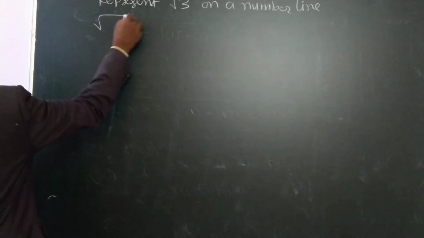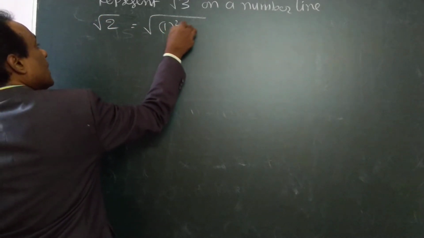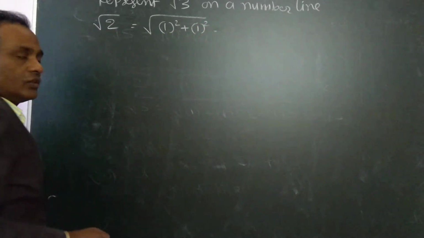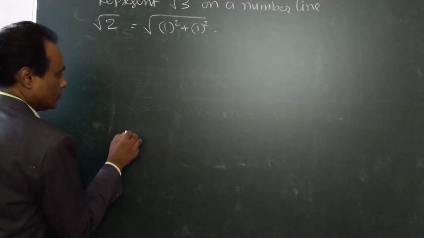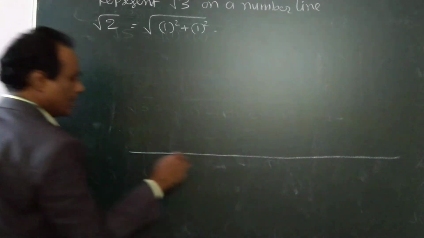First I am finding root 2 value. Root 2 can be written as root of 1 square plus 1 square. See here. This is the number line.